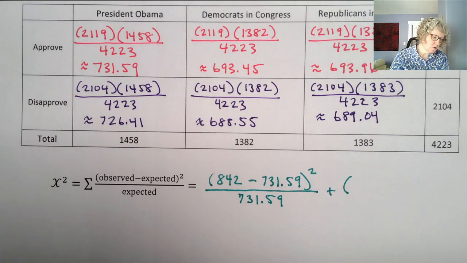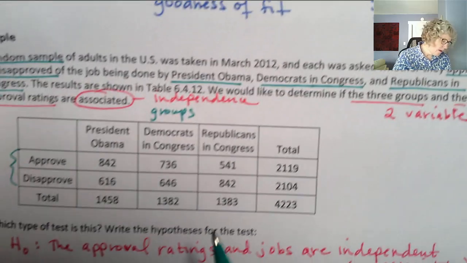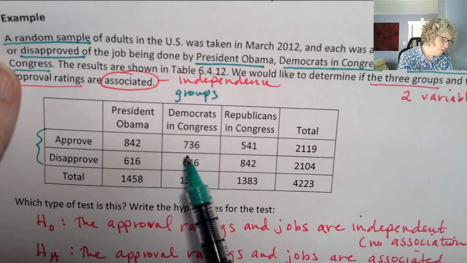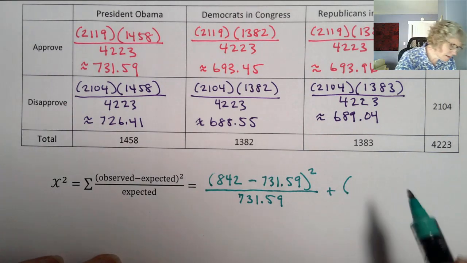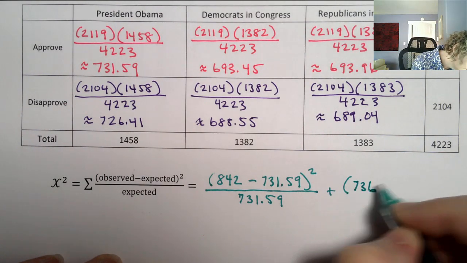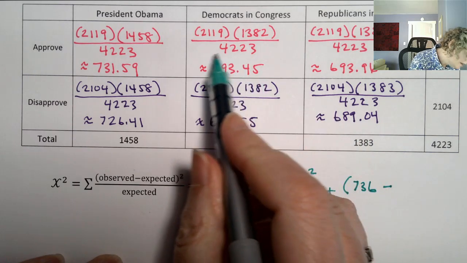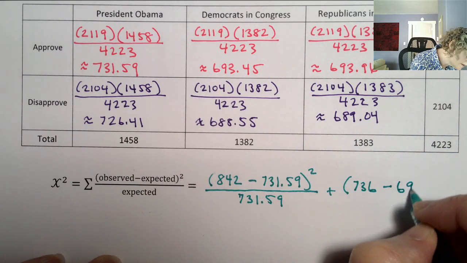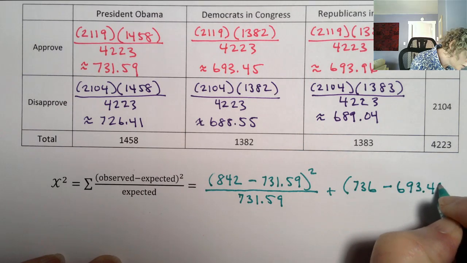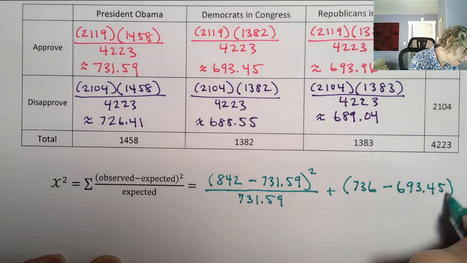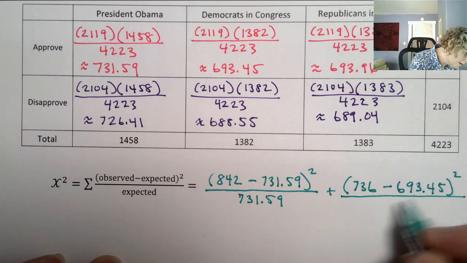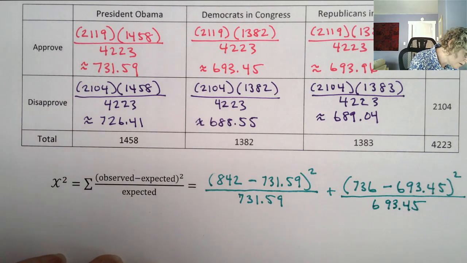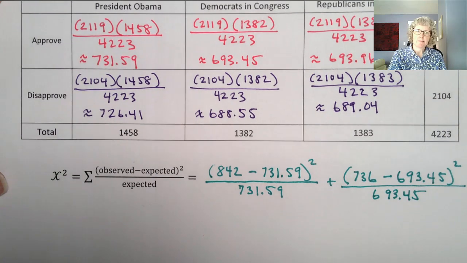Okay, I'm going to go across and approve those who approved of Democrats in Congress is 736 minus the expected that we got was 693.45 squared over that again, 693.45. Okay.